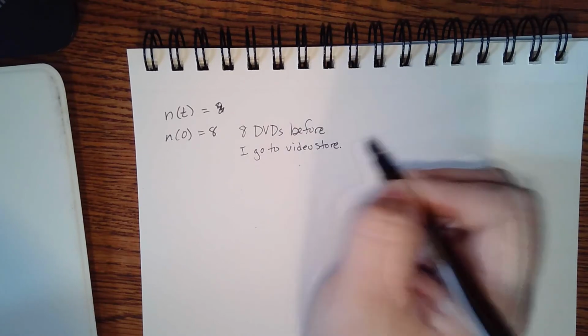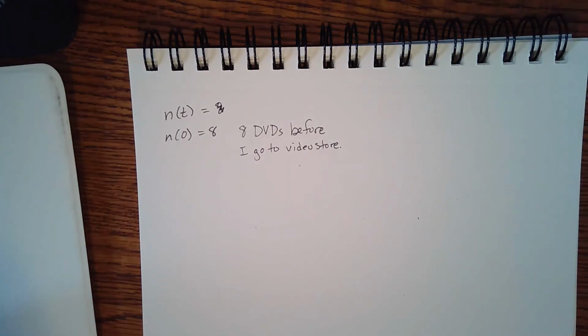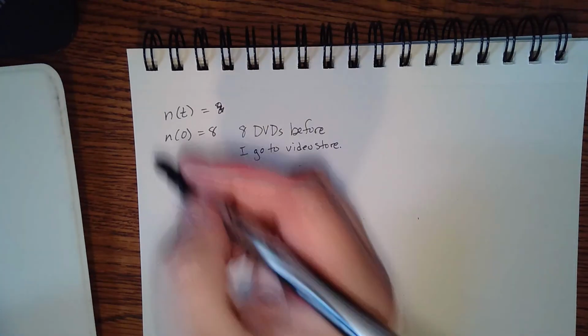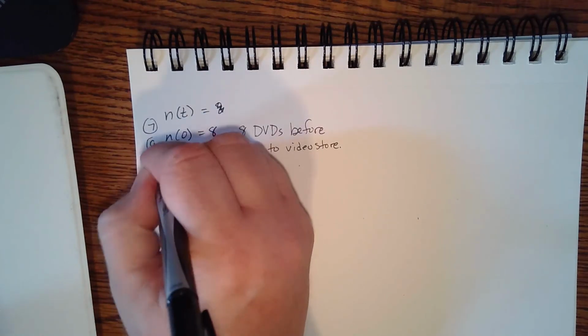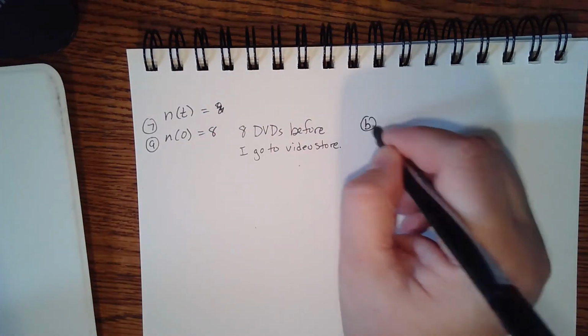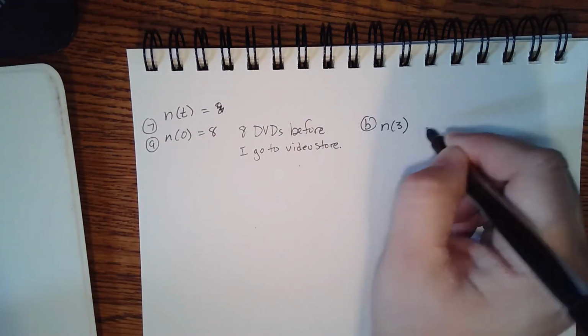And what it says is let n of t be the number of DVDs you have in your collection after t trips to the video store. So if I haven't gone to the video store, then that means I had 8 DVDs before I went. It just kind of stands to reason there. And this is letter A. So letter B says I have n of 3 equals 14.